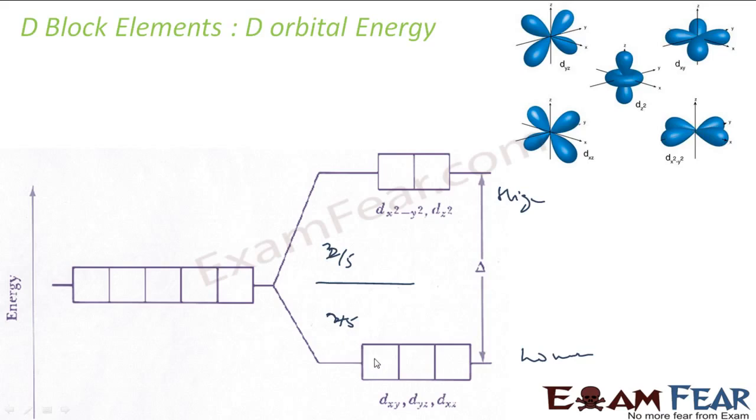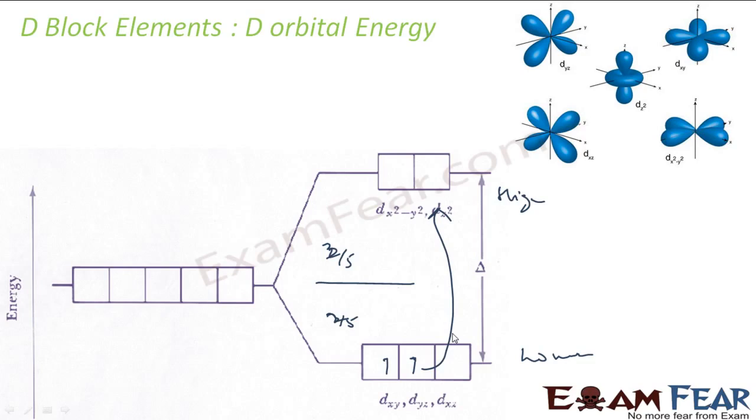Now if my d orbital electrons are unpaired, for example, I have only 2 electrons here. These 2 electrons keep jumping from these to this. Since there is a difference in energy, when they jump they absorb light, and when they come back they emit light.